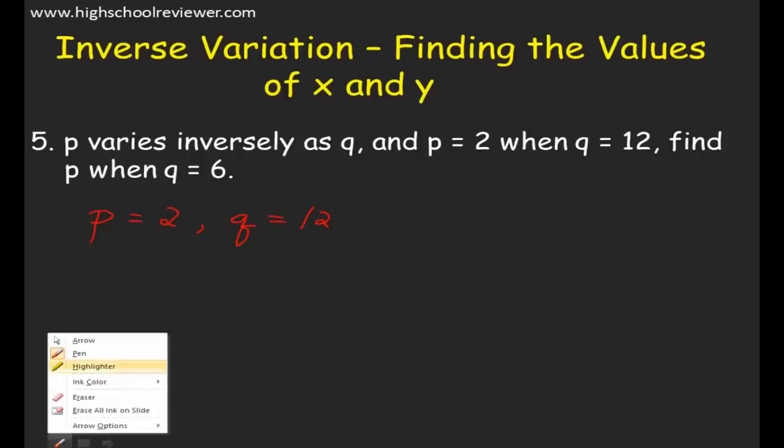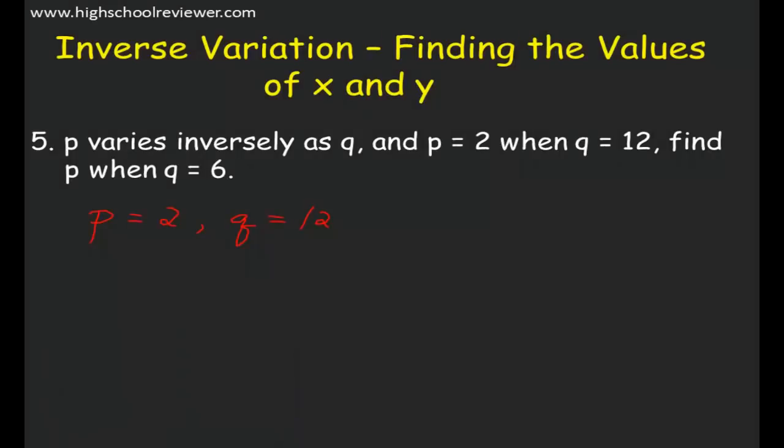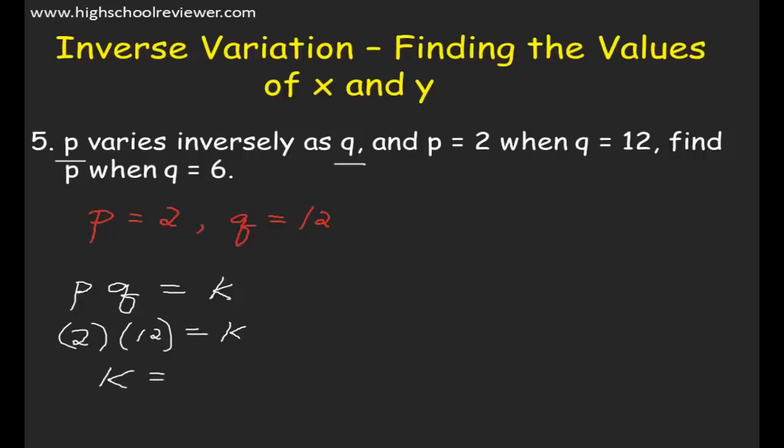So our equation will be based on the problem, and that is P varies inversely as Q. So we will have here P multiplied by Q equals the constant of proportionality, which is K. So our P is 2 multiplied by Q, which is 12, and this is equal to K. So our K here will be 2 times 12, that is 24.